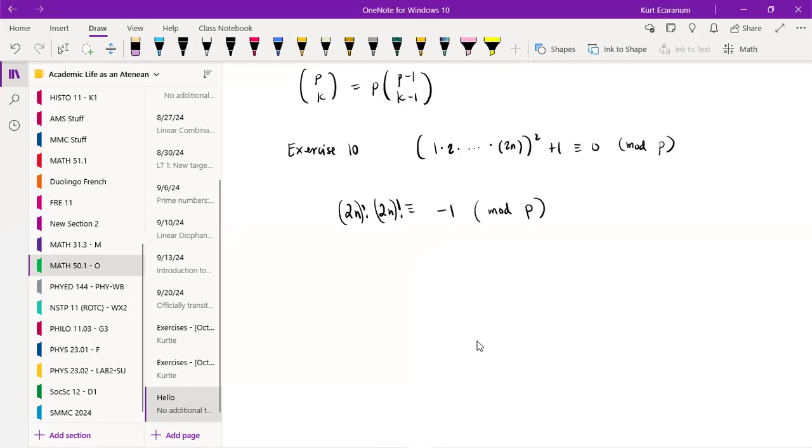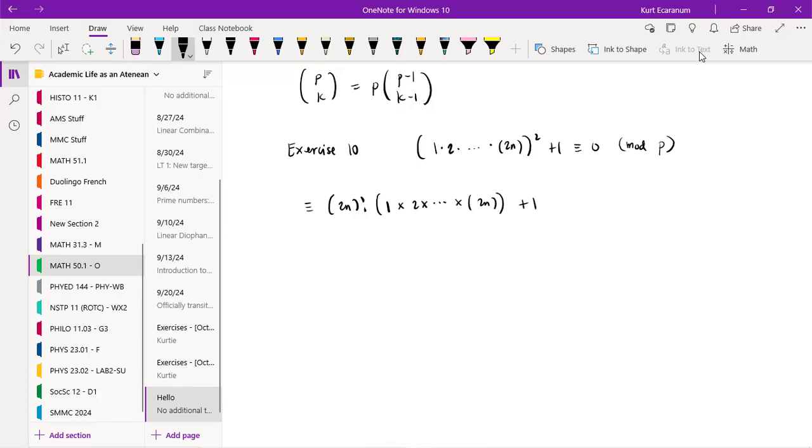Oh, I have an idea. Okay, so what we do is 2n factorial, and then 1 times 2 times up to 2n, plus 1.